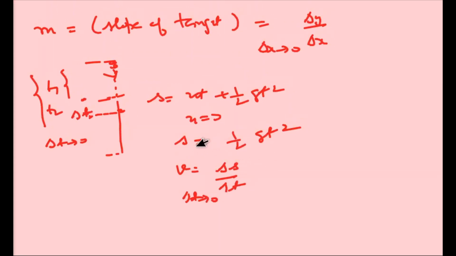That is the rate of velocity at an instant point, and this is also known as the slope of the tangent of this curve, if we draw the curve of the graph s equals half gt square.